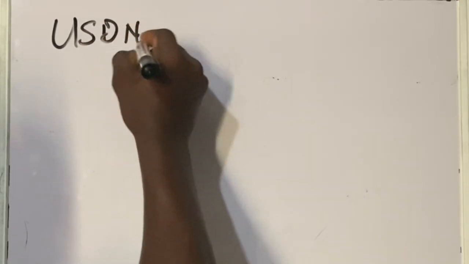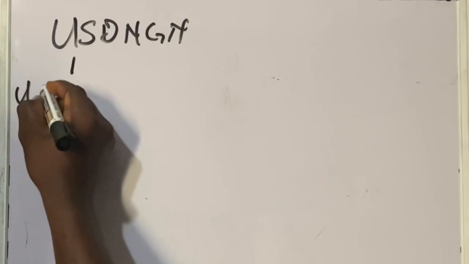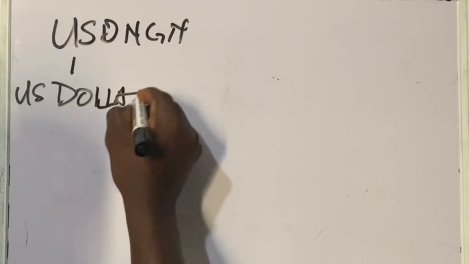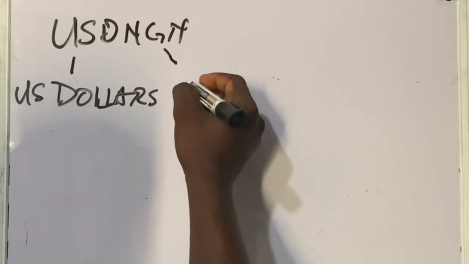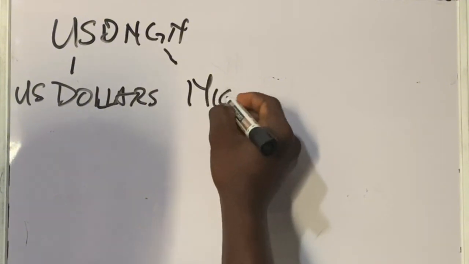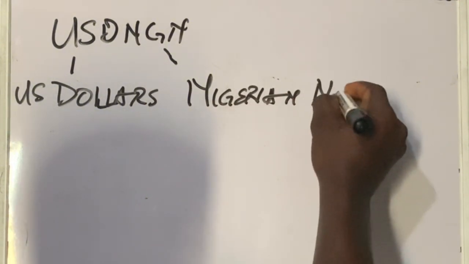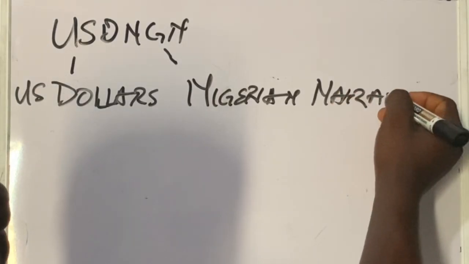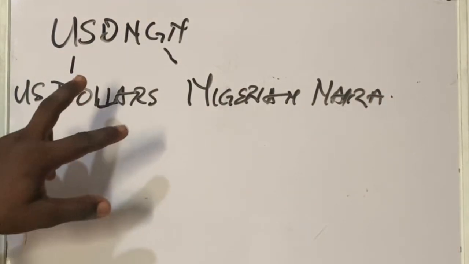USD here means US dollars. Then this NGN means Nigerian Naira. So for this, now we have two currencies.